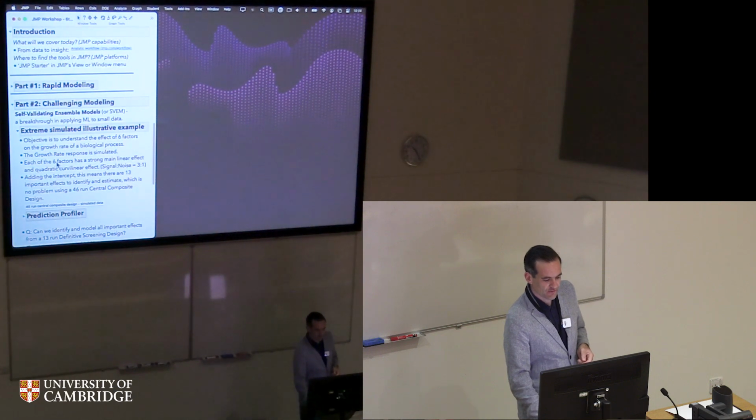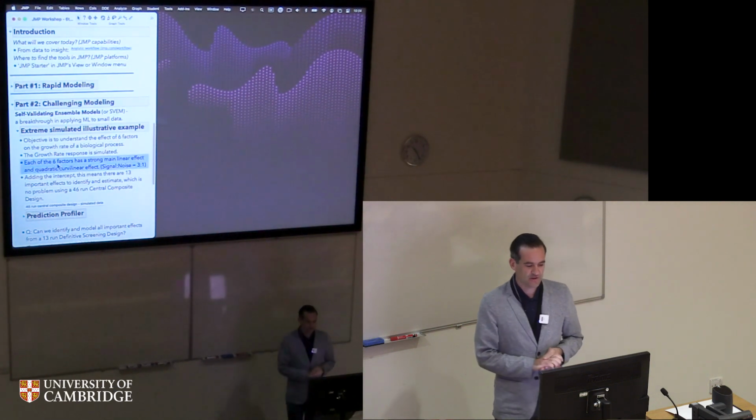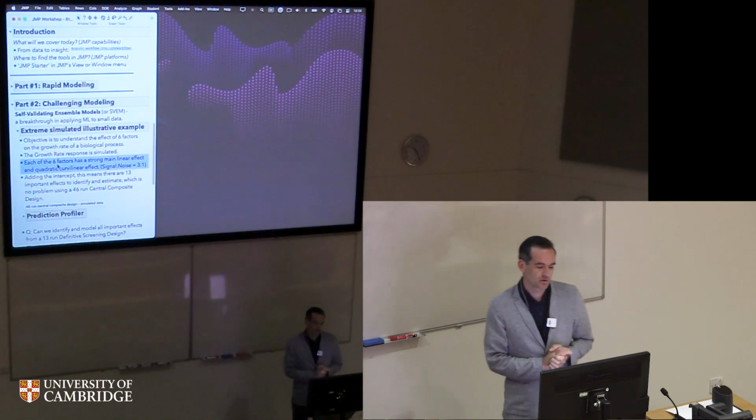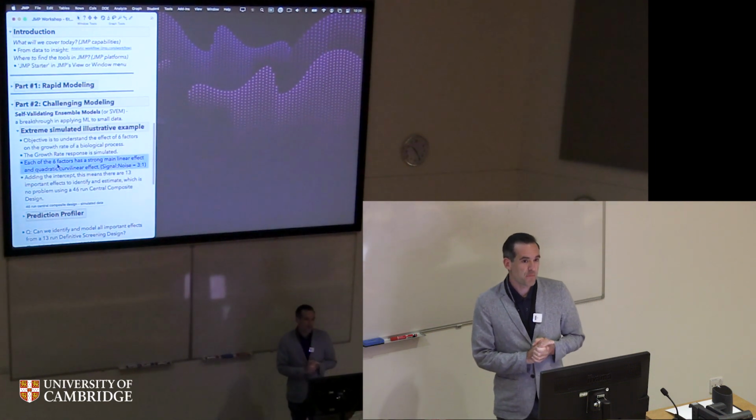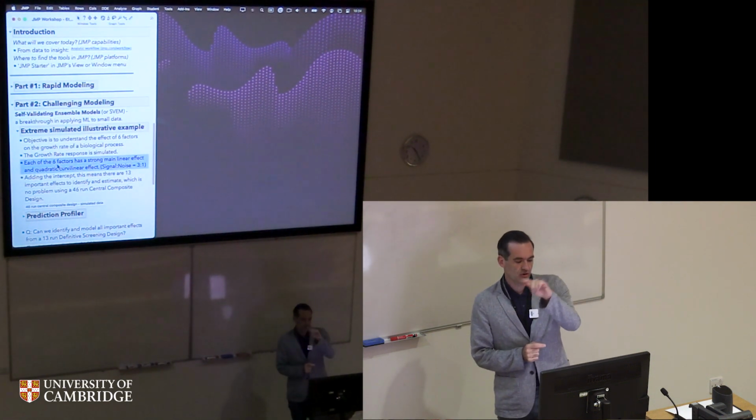I've simulated it so that each of our 6 factors has a strong main linear effect and a strong curvilinear effect as well. So there's quite high signal to noise here.